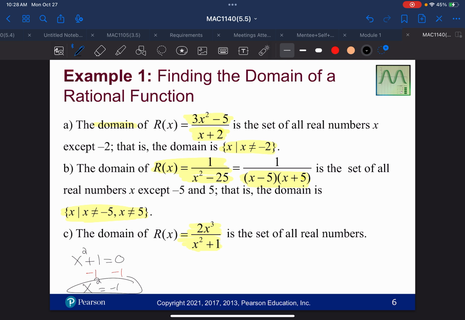So if I take the square root of both sides, then I get x is equal to plus or minus i, imaginary i. And so this is not a real number that will make the denominator equal 0, so therefore the domain is all real numbers. In interval notation, this would be from -infinity to infinity, because there is no real number that will make the denominator equal to 0.